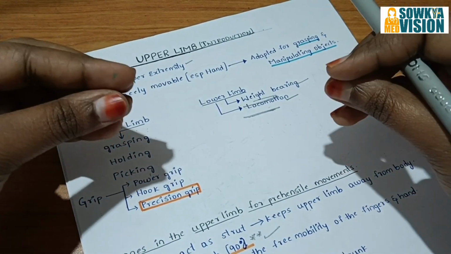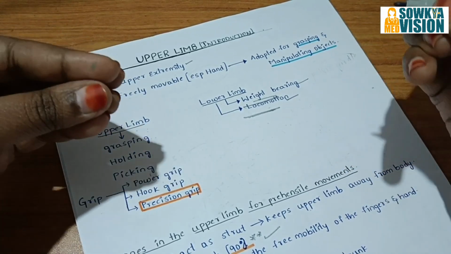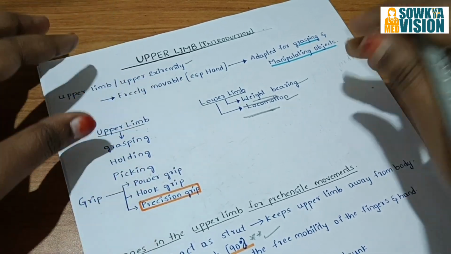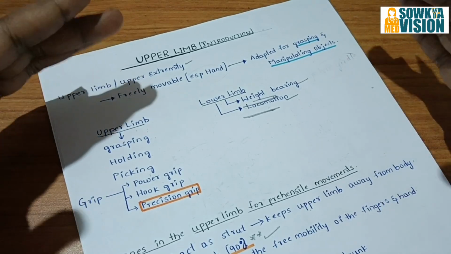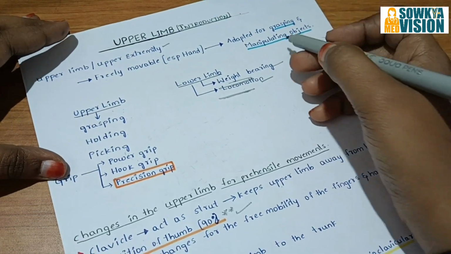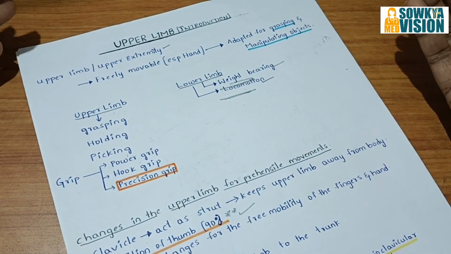They are modified in such a way to perform such precision work, fine movements which cannot be done by any other organism on the planet. The hand is adapted for grasping and manipulating objects, obviously.